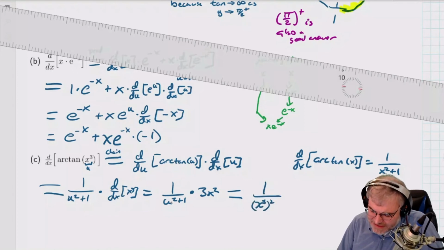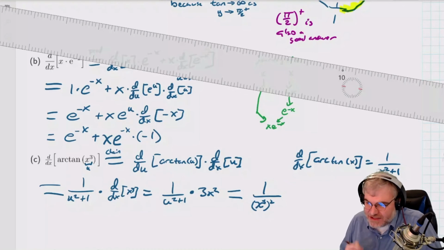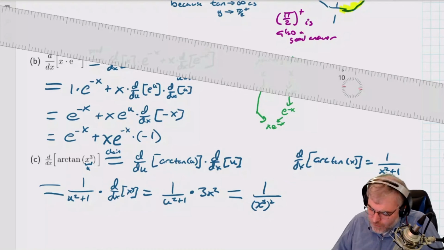If this was x squared instead of x cubed, a lot of people would just write 1 over x squared plus 1, because you missubstituted since there was already a square there. So watch out for that. This is one of those places where you can get a gotcha.